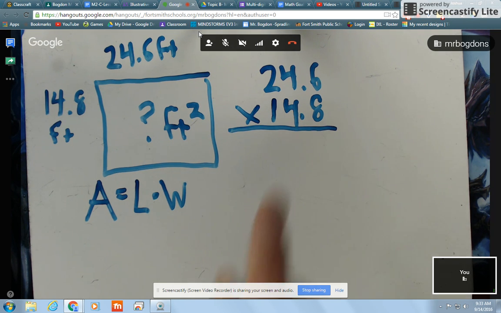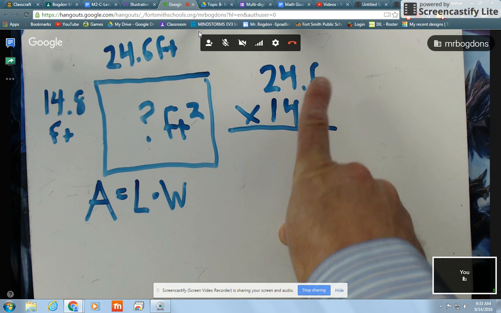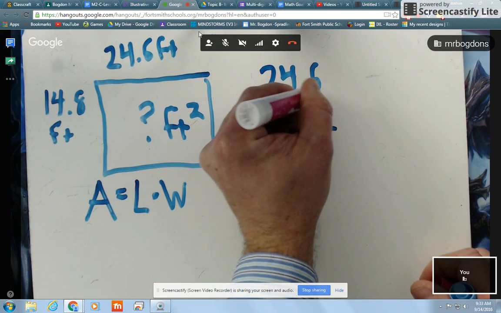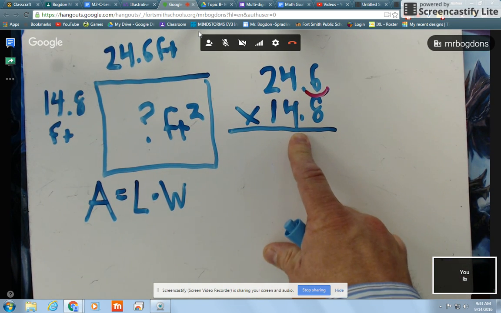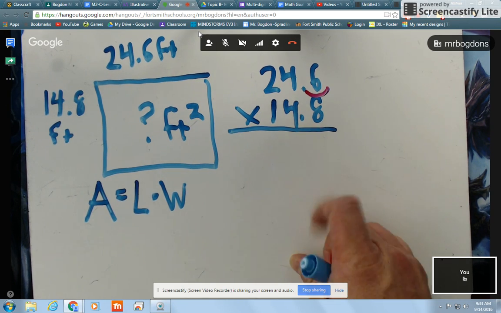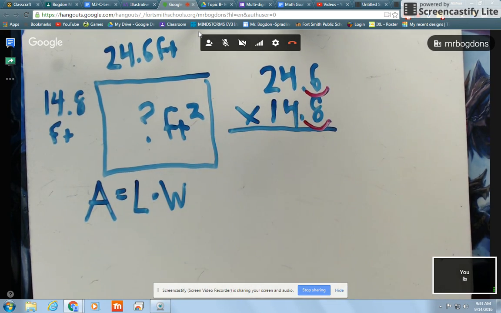How can I make this 24 and 6/10 into a 246? Bounce it to the right. One place. How can I change this 14 and 8/10 into 148? So how many bounces did I do total? 2.